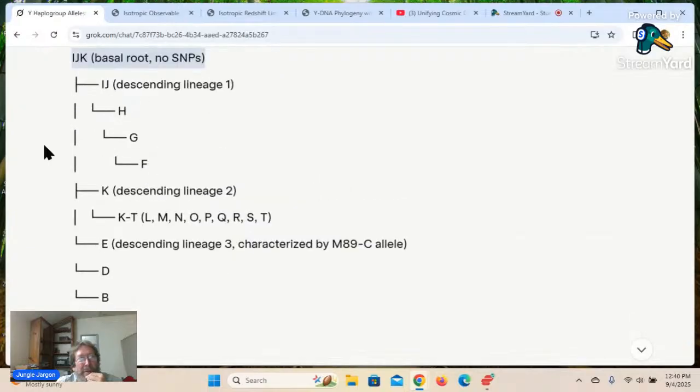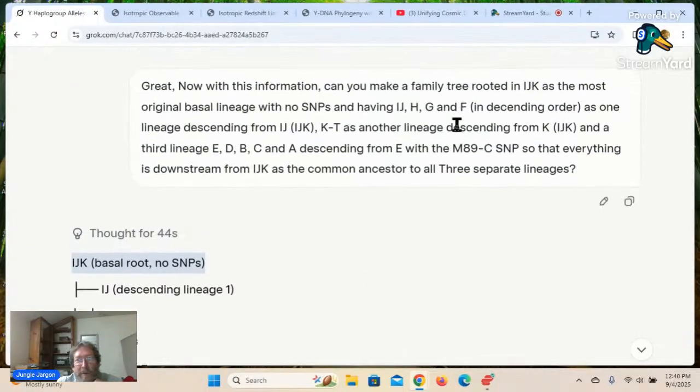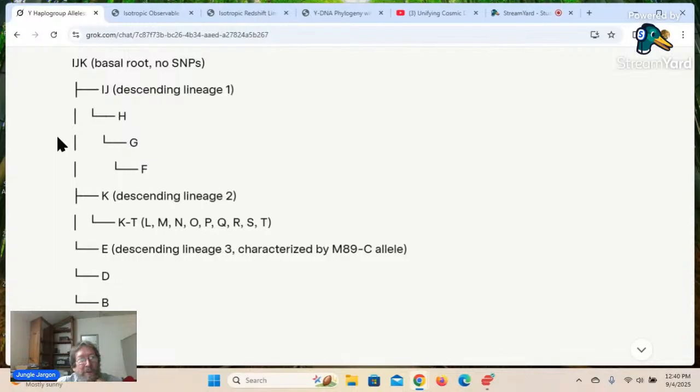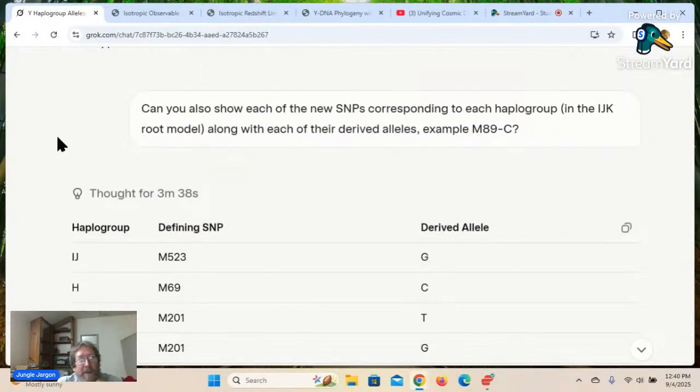So I said, great, he's got the three separate lineages. Three separate lineages, so he's got them all correct. So I said, can you also show each of the new SNPs corresponding to each haplogroup in the IJK root model along with each of their derived alleles?